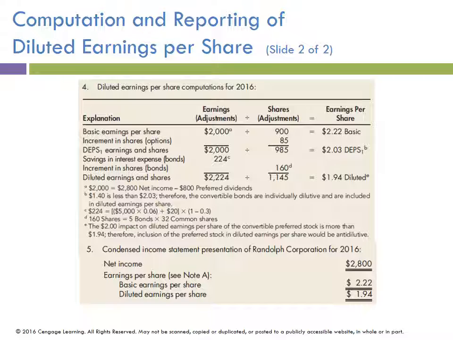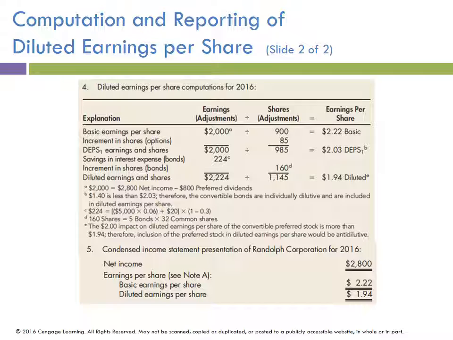How many new shares of stock would also have been added to common stock if the bonds were converted as of January 1? Well, we wouldn't have had $224 of interest expense, so our numerator would have been $224 higher, and we would have had 160 more shares.